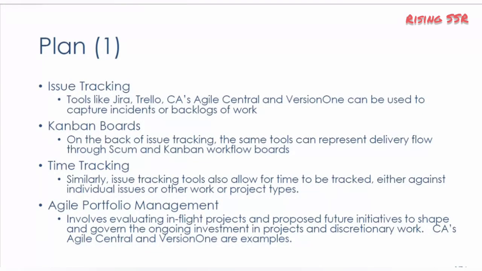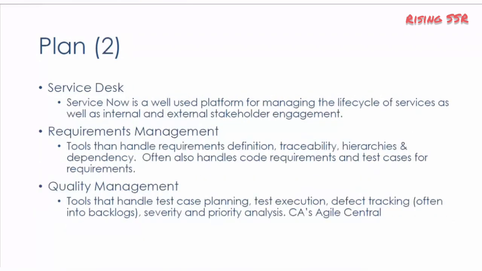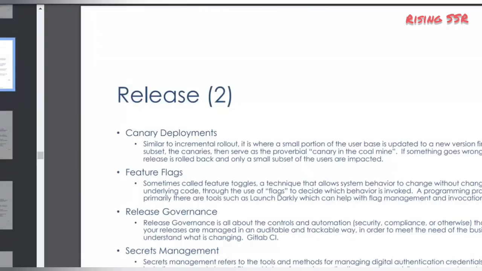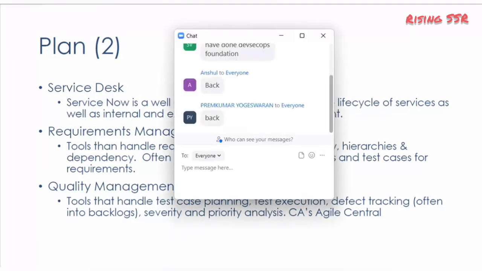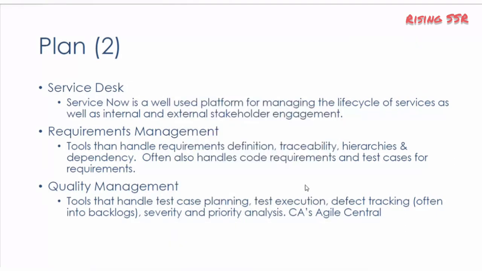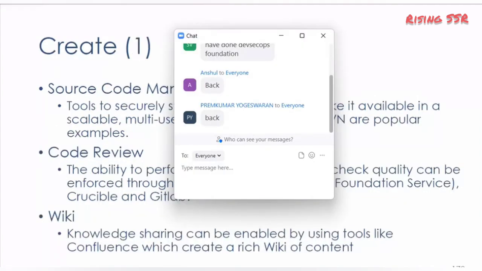All these are very theoretical concepts. You can read about it. Again, service desk, requirement management, quality management. There are tools associated with all these things, and most are known to you, not new, but it is just a structured way for the various steps.